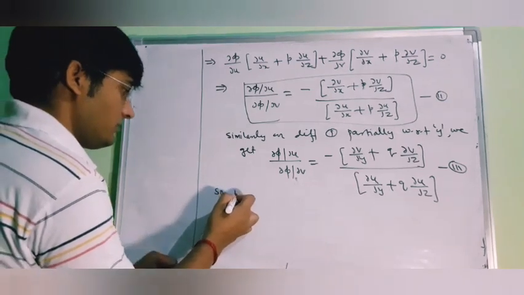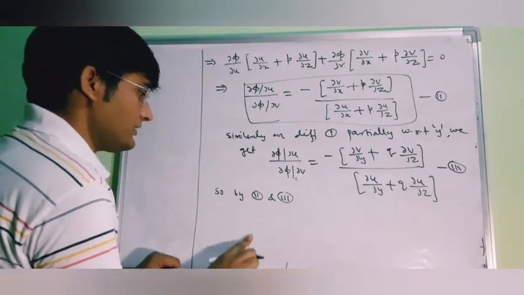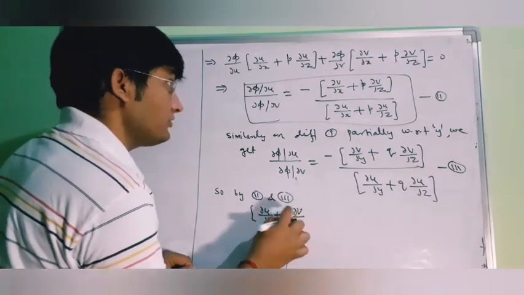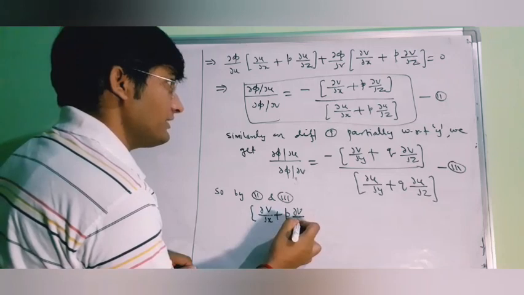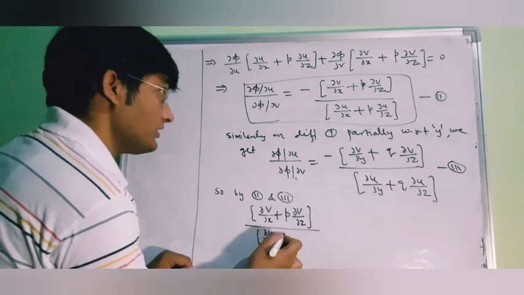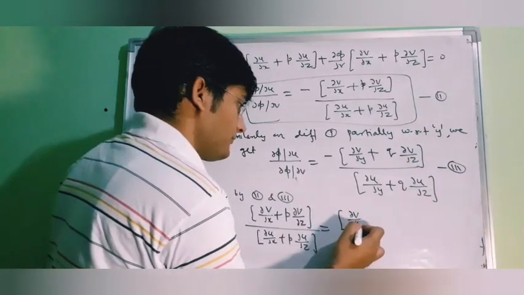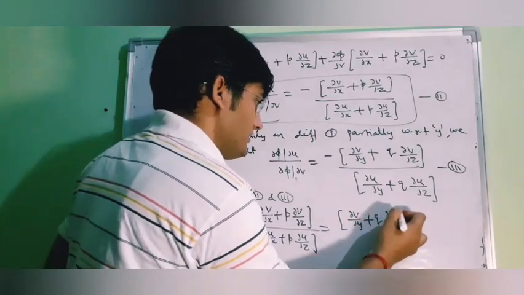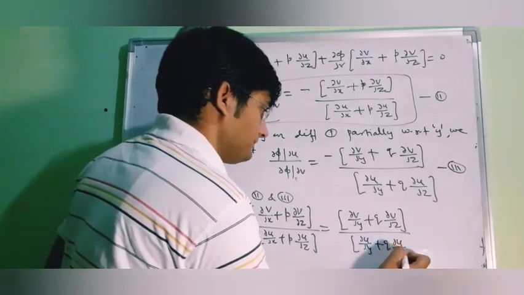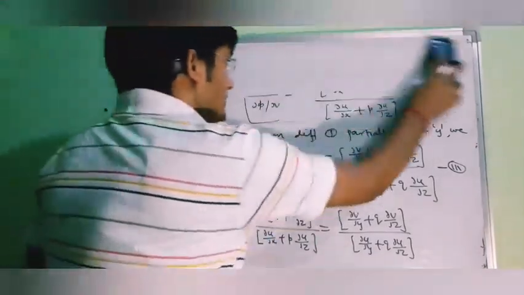So by 2 and 3 we will get ∂/∂x plus p times ∂/∂z divided by ∂/∂x plus p times ∂/∂z is equal to ∂/∂y plus q times ∂/∂z divided by ∂/∂y plus q times ∂/∂z. So this is your result using equation number 2 and 3.